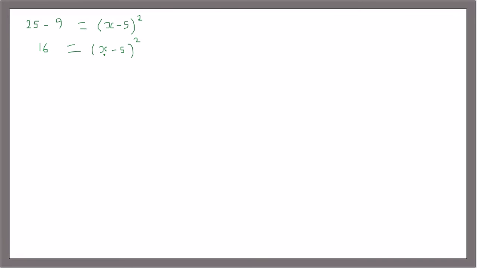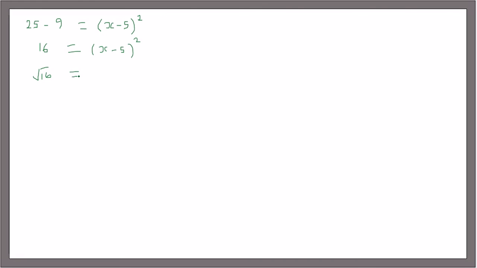So what I will do, I will get a square root from here, because I have a square here and it is under one bracket. Okay, so I'll get a square root on both sides. So this side will be root 16 equals, what do we have here?